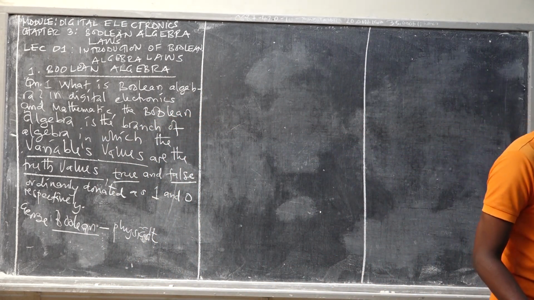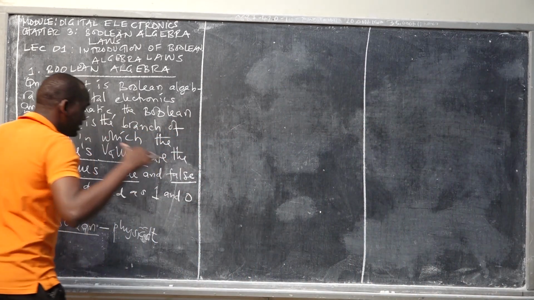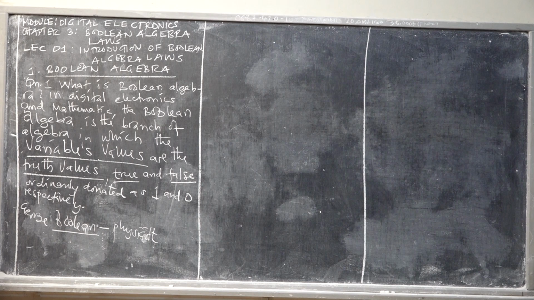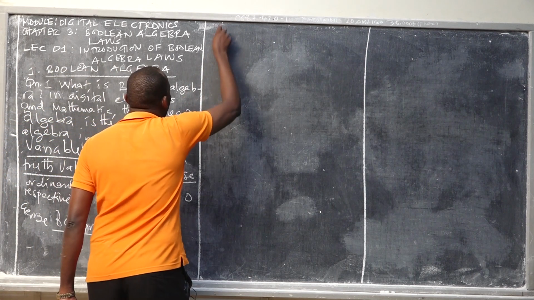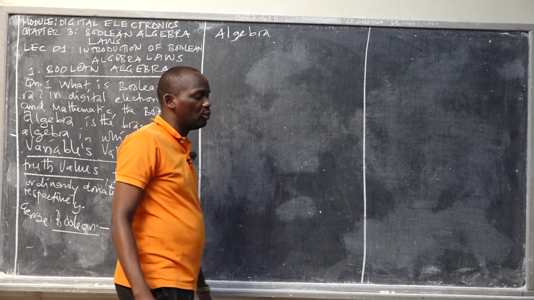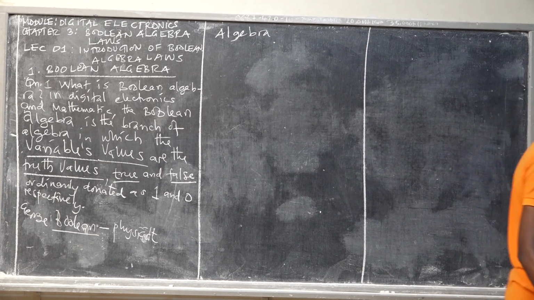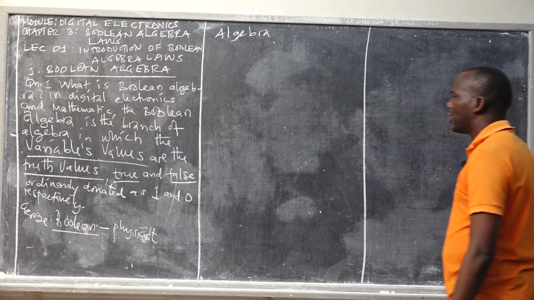Are we together? Yes. So with this context, as a serious engineering student, we know that we had a word called algebra. It has been a topic that we learned in basic mathematics or additional mathematics, in advanced pure mathematics, but also in basic engineering mathematics in an ordinary diploma.